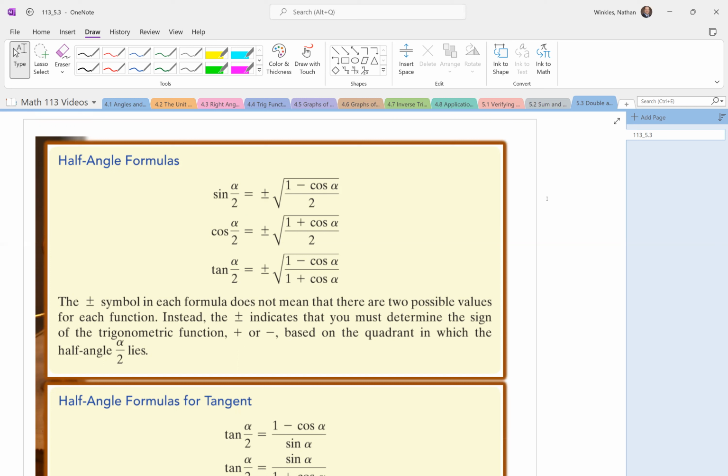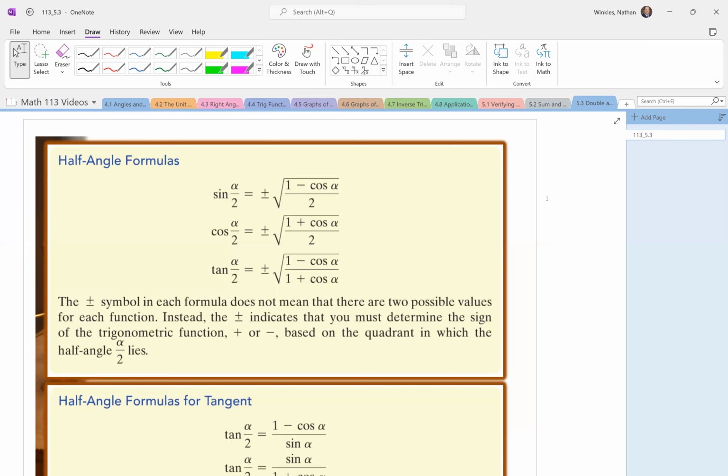Now, we will not have two answers. The plus or the minus is determined by the sign of the trigonometric function. So based on the quadrant in which the half angle lies will tell us which one it is.